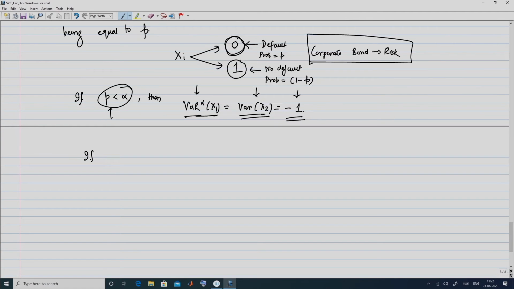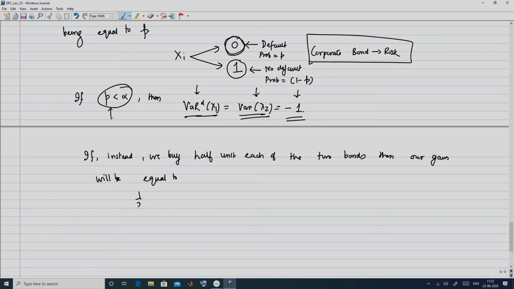Alright. So, we consider an alternative strategy and say that instead we buy half unit each of the two bonds, then our gain will be the random variable half of x1 plus half of x2.